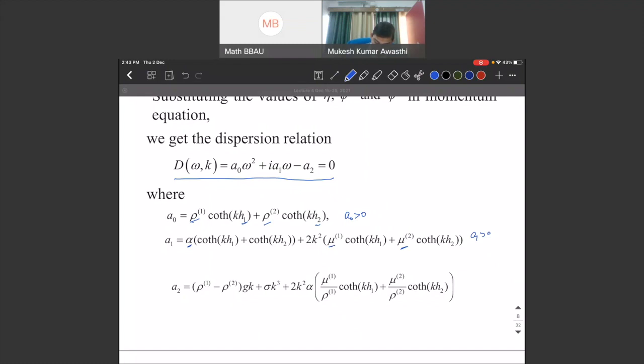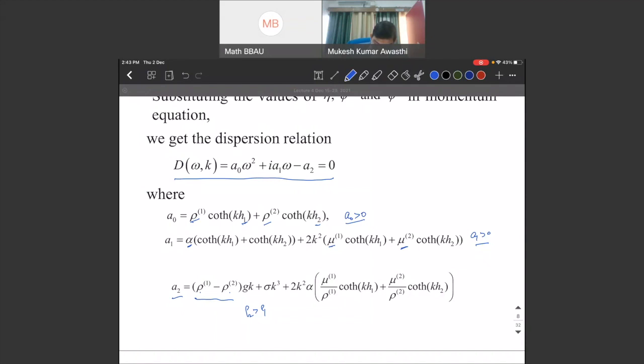So in both cases the values are positive, but a2 depends on rho 1 minus rho 2, and as rho 2 is greater than rho 1, this may be negative or positive depending on these values. So we can see that a2 may be negative or non-negative. So we need to calculate the conditions under which the interface becomes unstable.